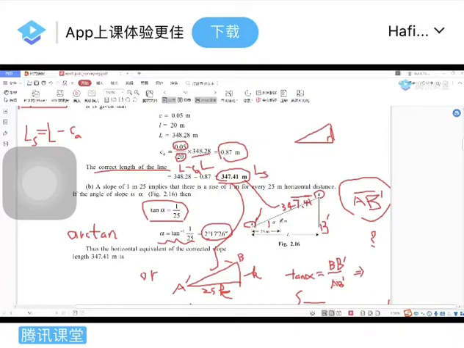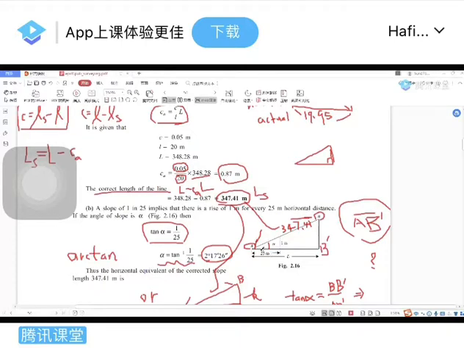So this triangle is similar to this triangle. This is high school geometry, not even trigonometry. Since they are similar, this length and this length are proportional to this length and this length.